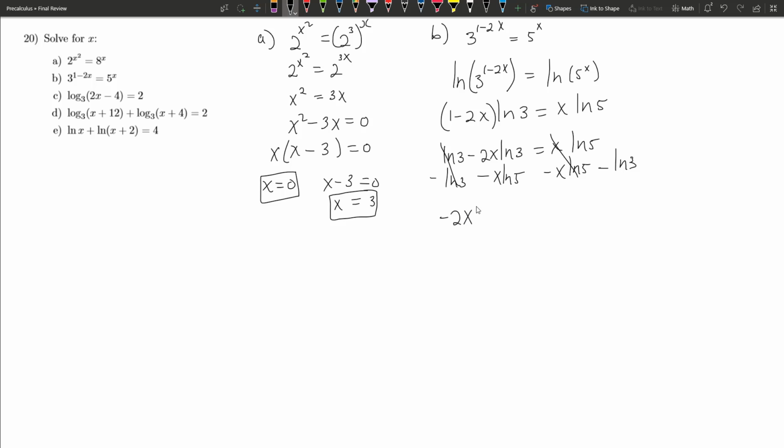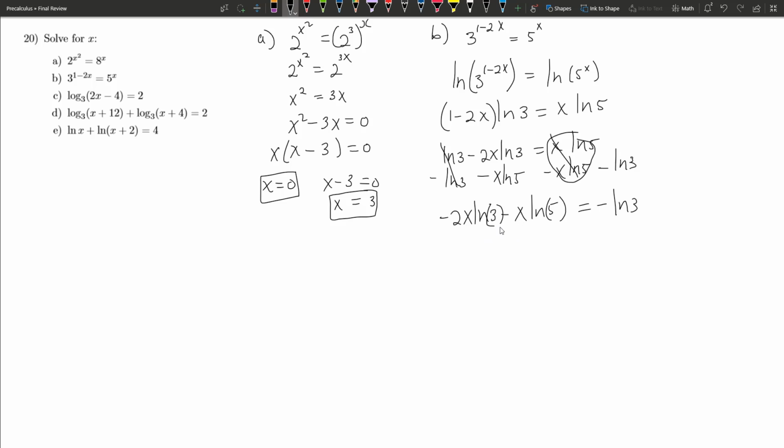Negative 2x ln of 3 minus x ln of 5. All right, if it helps, I'll put this in parentheses so you can just kind of see. Maybe that might clear up something for you there. Is equal, well, this is canceled, this whole thing, right? Even though the line only goes through that, is equal to negative ln of 3. I kind of went through that quickly. I hope you guys get the gist of it.